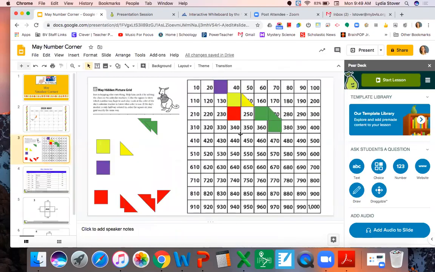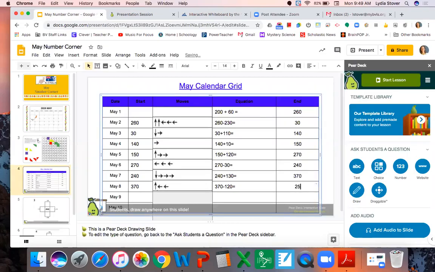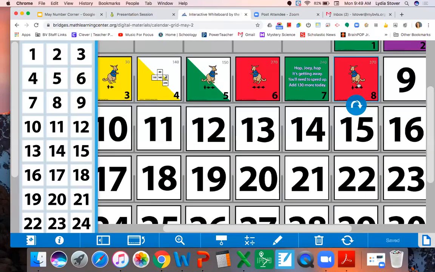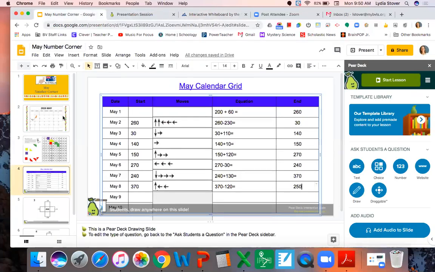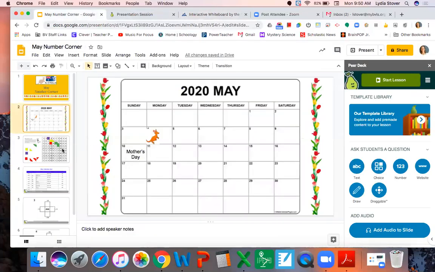So I'm 370, let me find it. Go up 100 over 2. That means I'm going to be at 250. And if I look here, I got to remind myself it's a red color. I need to do red on 250.